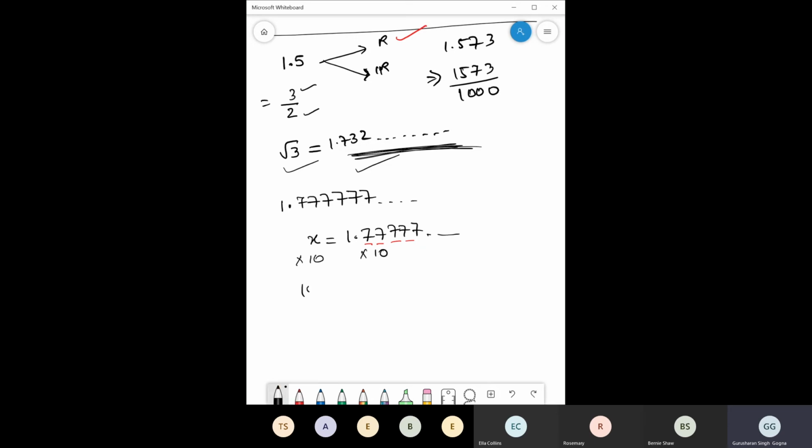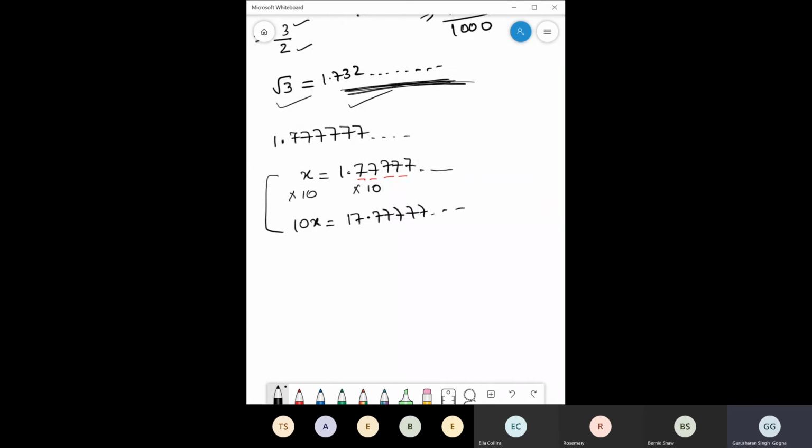So if you multiply by 10, you will get 10x equals 17.77777 and so on, isn't it? Now you subtract these two. So 10x minus x will give you 9x, and 17.777 minus 1.777.